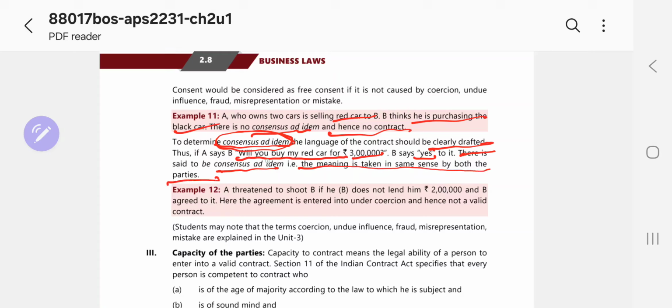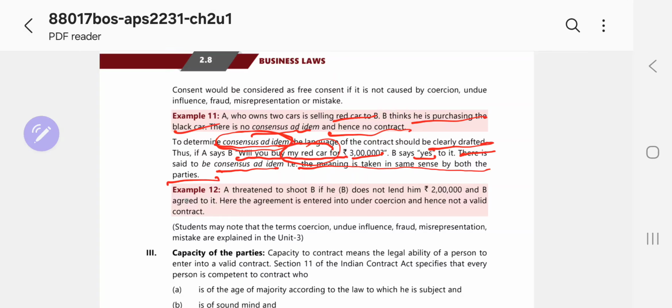Here A is clearly mentioning, will you buy my red car, and B is also thinking that A is selling the red car and I am willing to purchase the red car. Then both the parties are thinking in the same way, because A is thinking that he is selling the red car and B is also thinking that he is purchasing the red car. In this case, there is consensus ad idem.